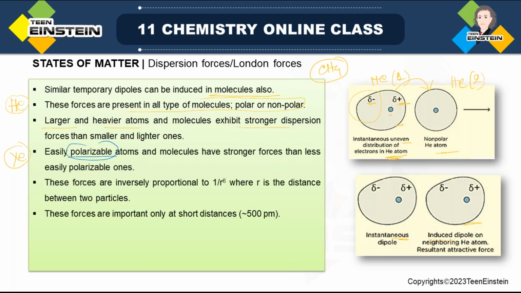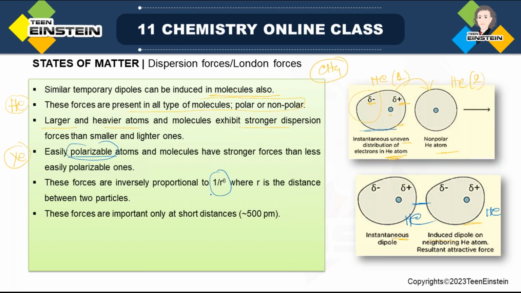Now it is also related to distance, as this is a weak type of force. Take the example of two helium atoms. Only when these two helium atoms are very close to each other is it possible. From this term you can understand how distance affects it.